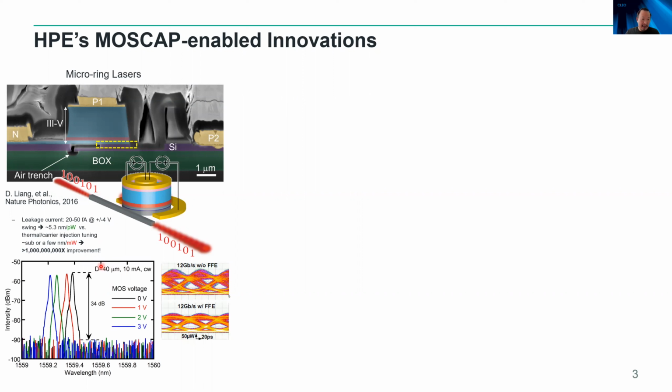We've shown leakage current anywhere from 20 to 50 femtoamps for a plus minus 4 volt bias, and that leads to 5.3 nanometers per picowatt. Versus thermal or carrier injection tuning, that is more than a 1 billion times improvement in energy efficiency.